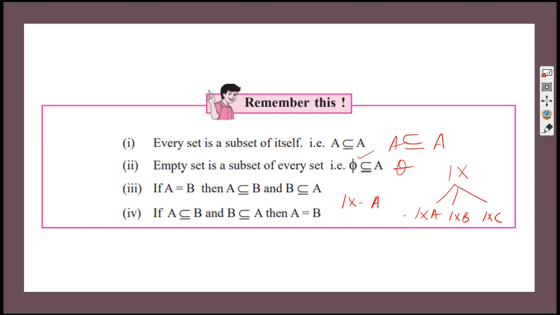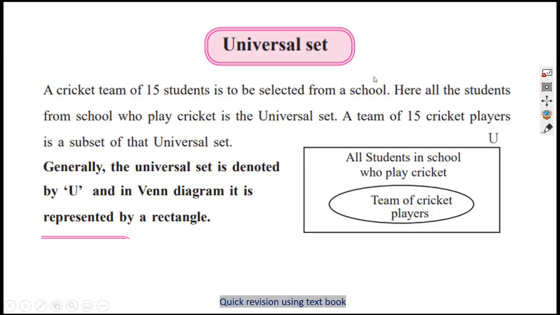So all these are subsets of 9th standard if you consider the whole as 9th standard. That means the elements in 9th A will be a subset of class 9. These are all very simple concepts under sets.